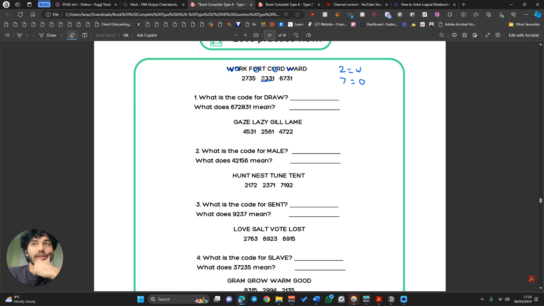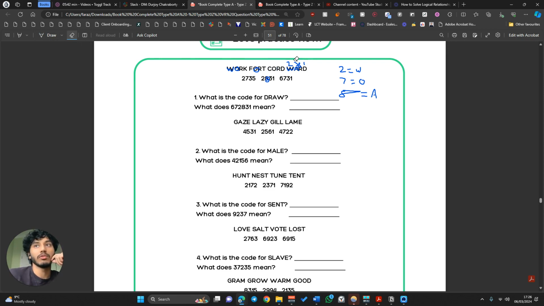And you can also see actually that 8 is in the second position in this code. And obviously it's not going to be O, because 7 is O. What's 8 going to be? The only other thing it can be is A, because this is the only other letter in the second position. So 8 is equal to A. And from that we actually know that obviously 2831 is Ward. And that's given us a ton of information.